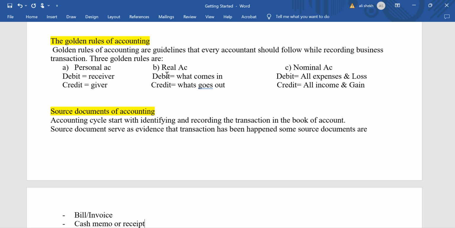There are three golden rules of accounting.